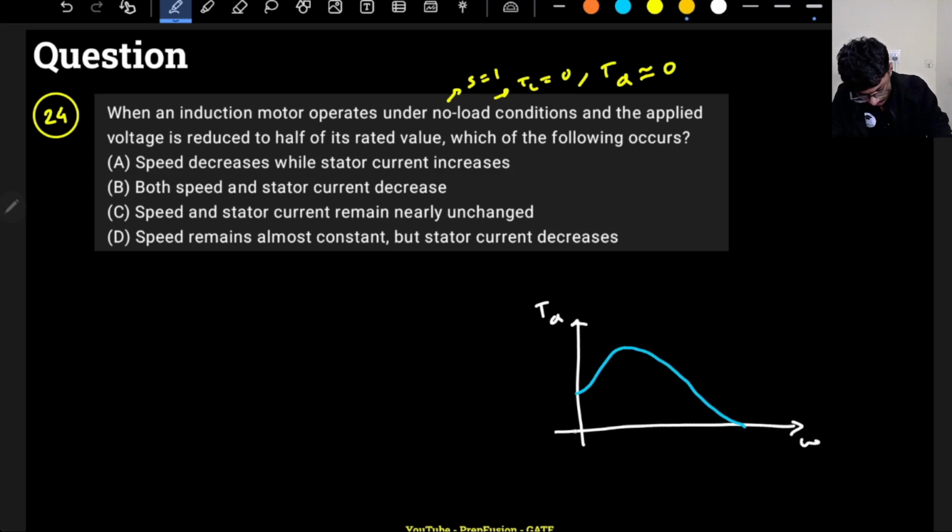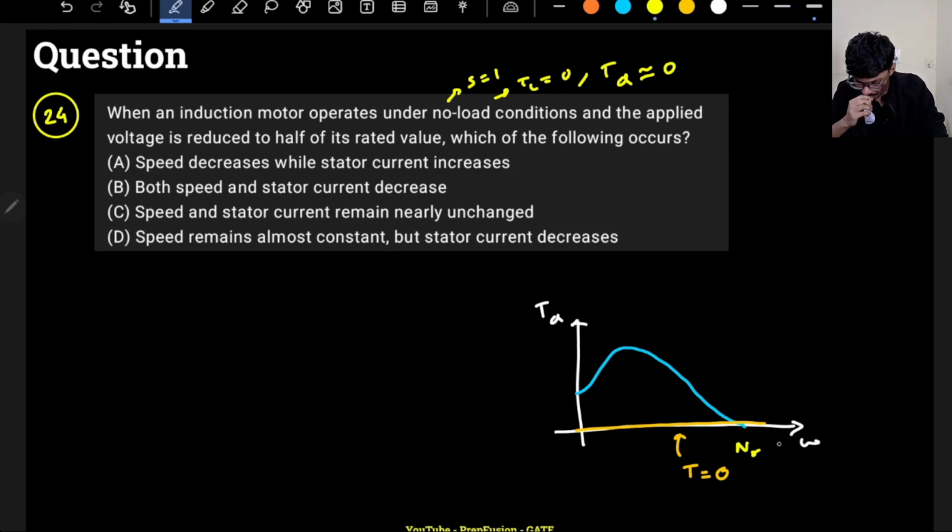I am lying somewhere around here, in this region. So here my load torque is 0. So my current operating point is this point.